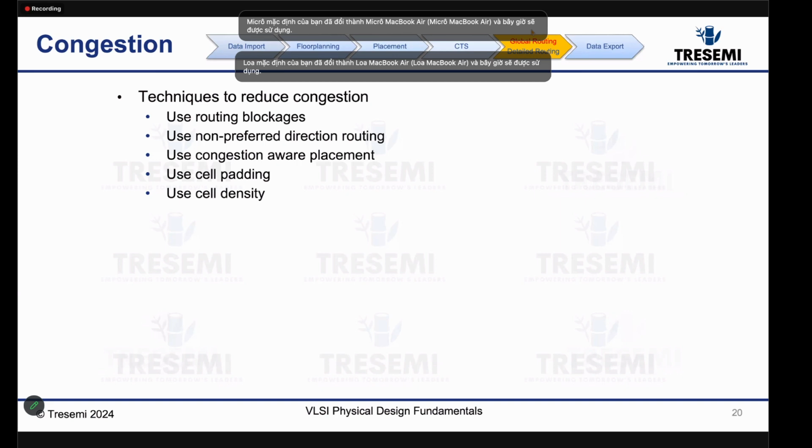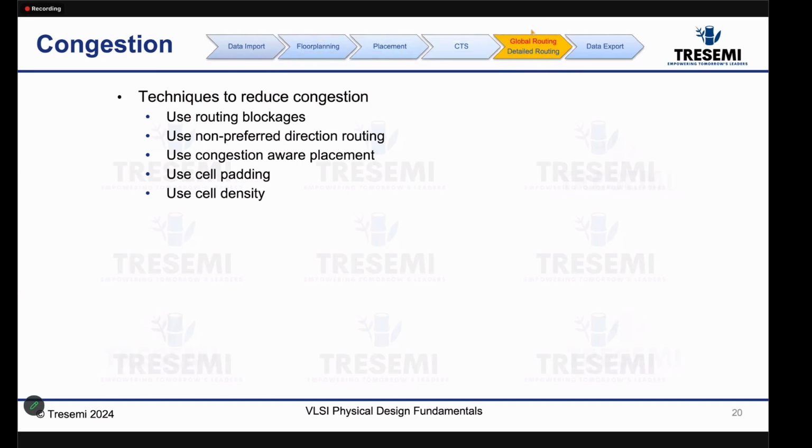So if you have a few very, very bad negative slacks, it's hard to close timing, or you have a lot, and the total negative slack is so large, even though the worst negative slack is not that much, right?